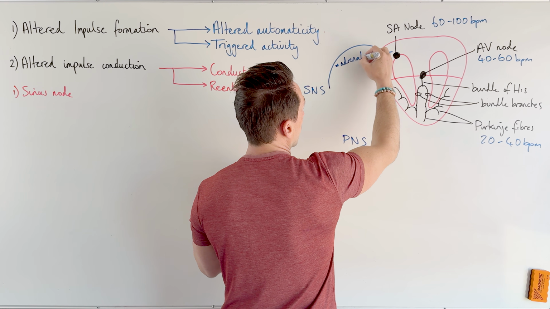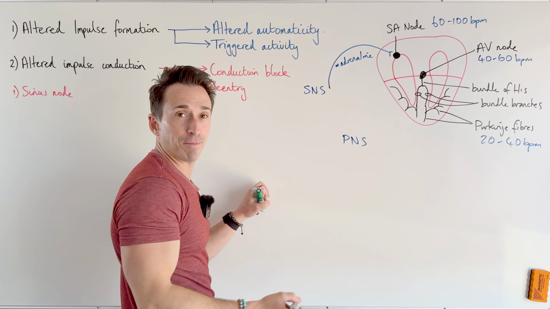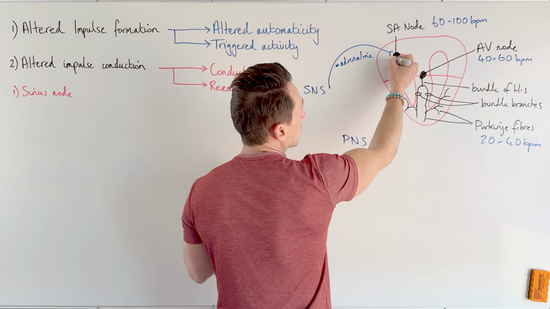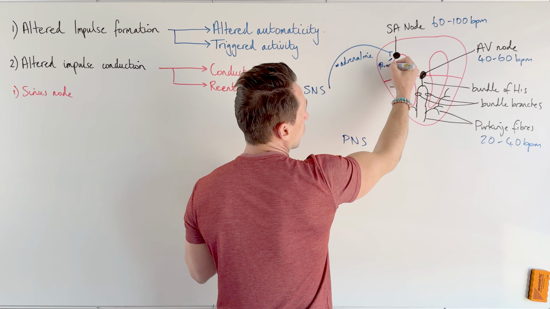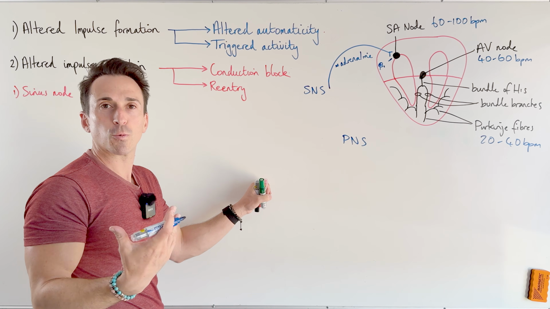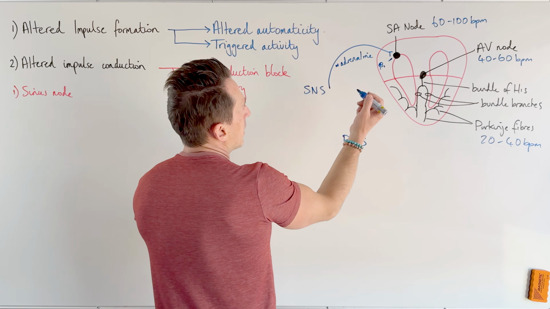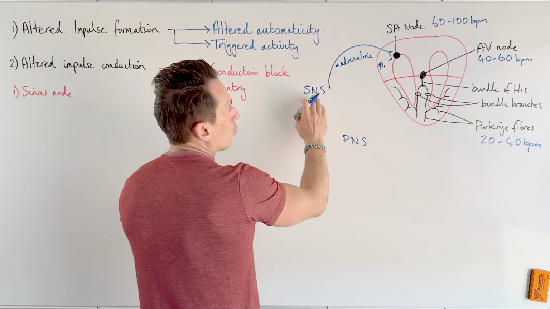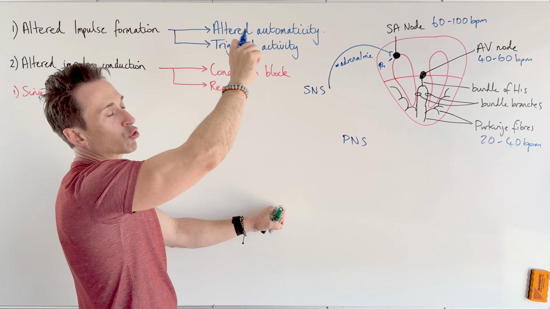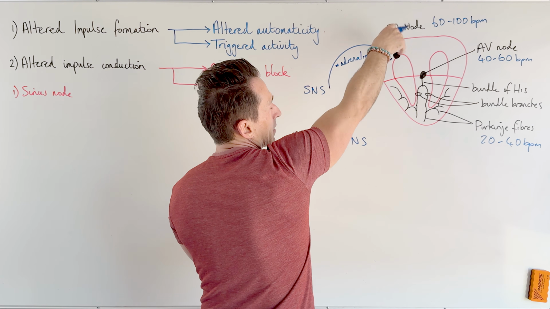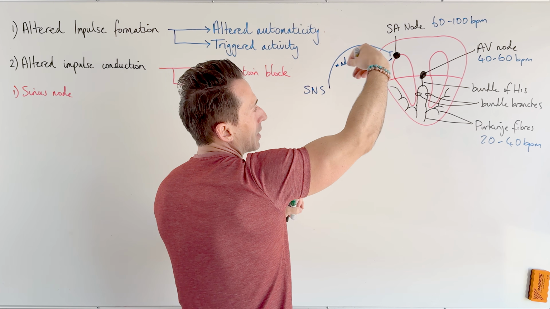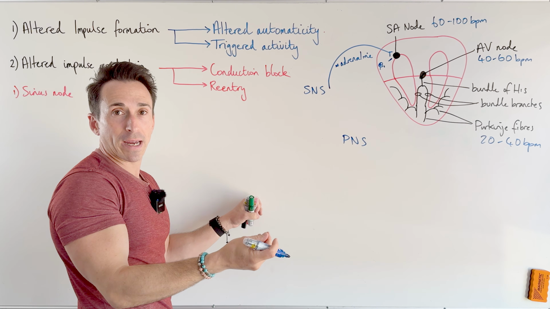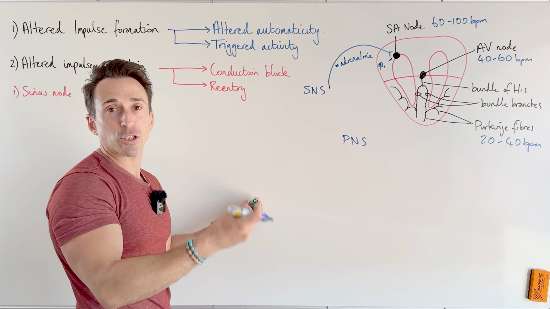Adrenaline, or if you're in the US, epinephrine. And it will bind to receptors on the SA node, which are called beta-1 adrenergic receptors, all right? Okay, that's important because when the sympathetic nervous system drops its adrenaline at the SA node binding to beta-1 receptors, it can increase the firing of the action potentials.